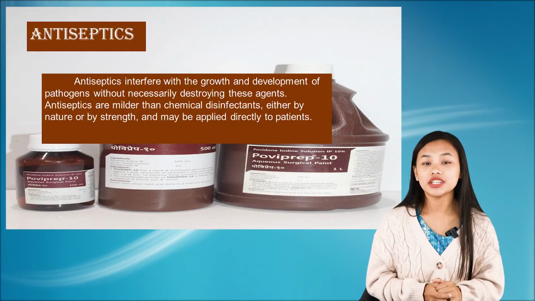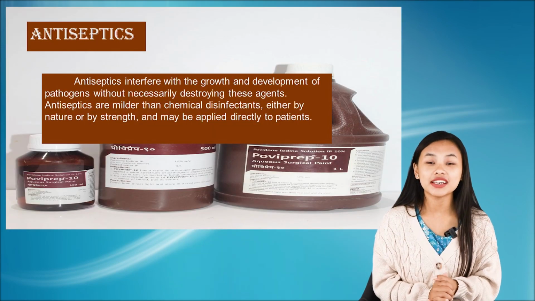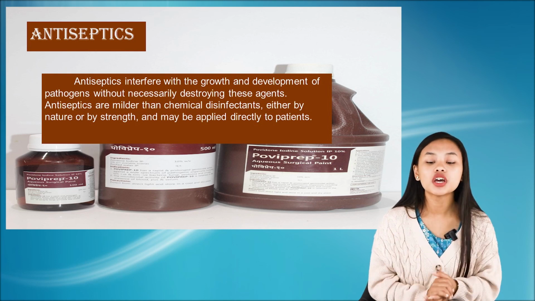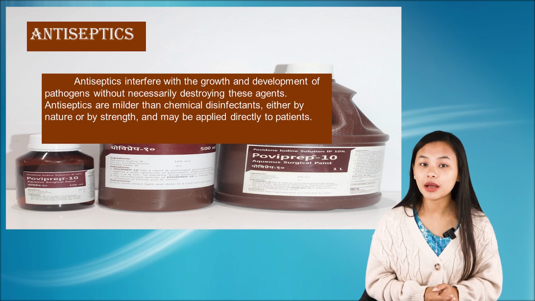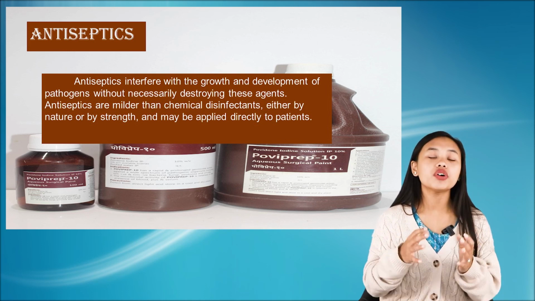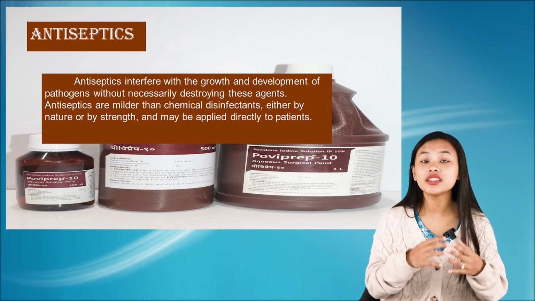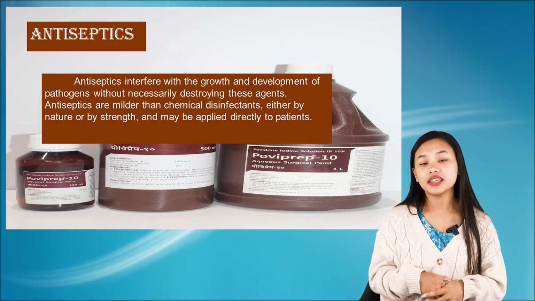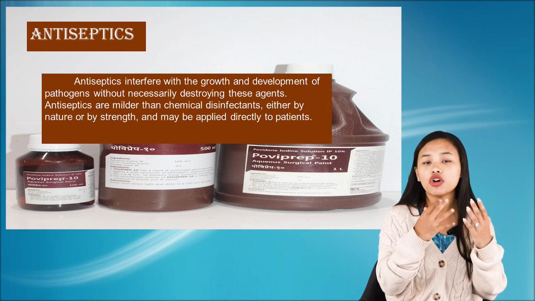Now moving on to the next, which is the use of antiseptics. So here when we use antiseptics, it helps to destroy the growth and the development of the pathogens without necessarily destroying the agents. However, these antiseptics are milder than the chemical disinfectants by nature or by strength.